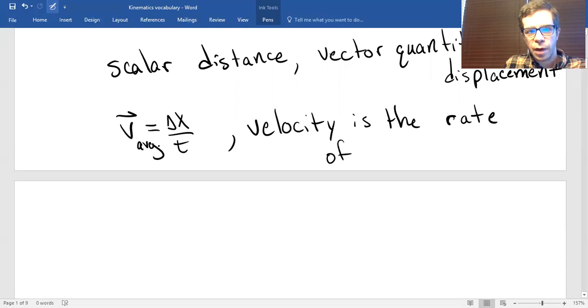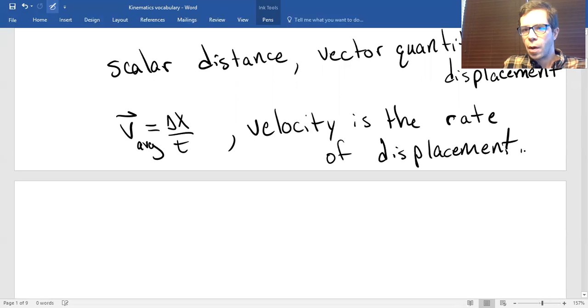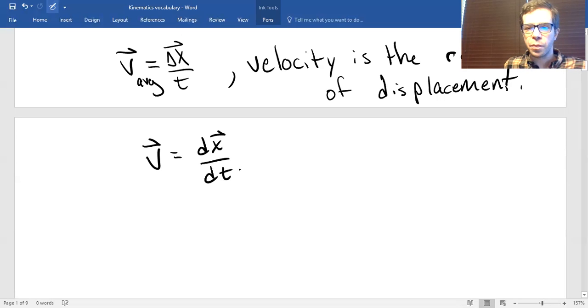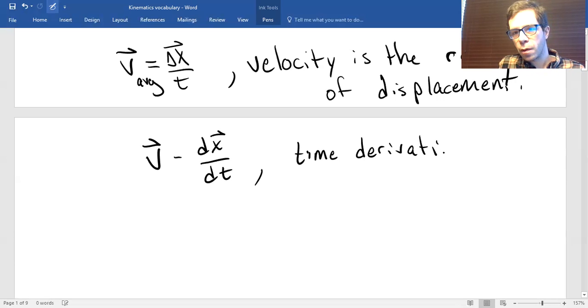And this is actually average because I have deltas there. If we want to use calculus terms here, we would say that the V, that should be a vector, is equal to dx dt. And we use time derivatives so much in physics that a time derivative of x has its own notation, x dot.